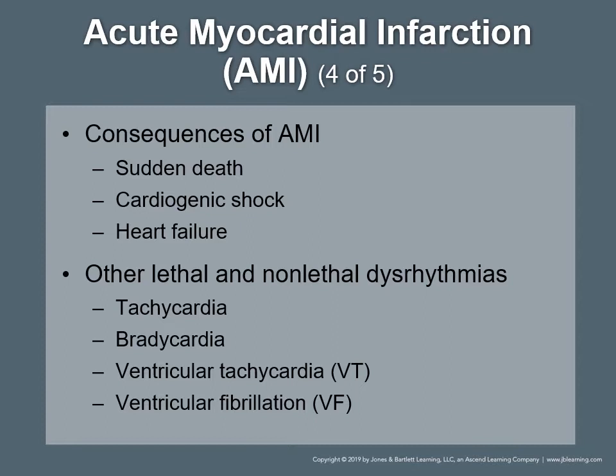The difference between AFib and VFib is just what part of the heart is fibrillating. Fibrillation is just a quivering. It's not actually squeezing and contracting, it is quivering. AFib is when the atria are quivering. VFib is when the ventricle is quivering.